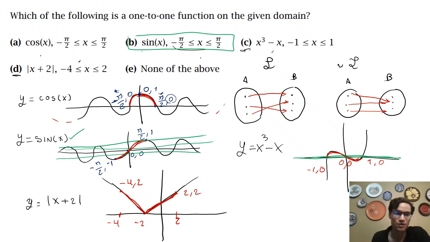So there are 2 points. And if we observe, we can draw more horizontal lines and they will cut our chunk of the function more than once. So this is also not a one-to-one function. It's a non-injective function. So the problem is solved and the answer is letter B.